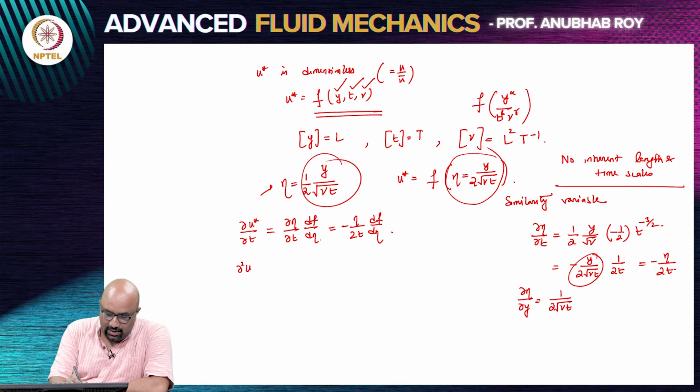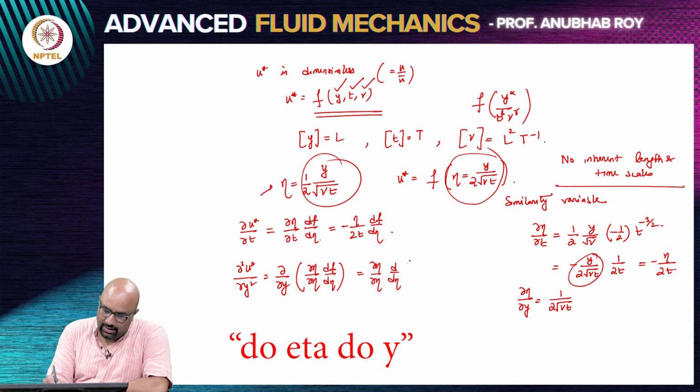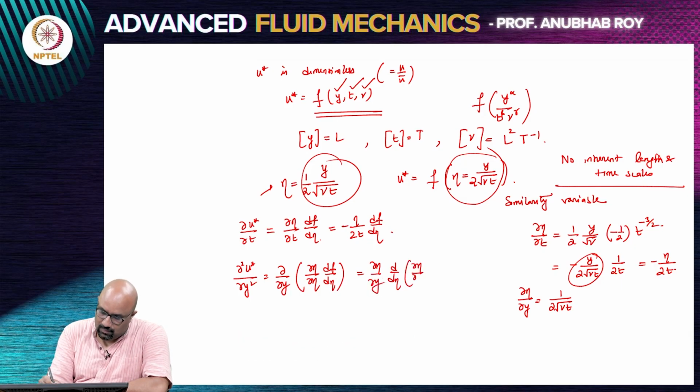Dou square u star dou y square. So every time I take a derivative with respect to y, I'll have dou eta dou y df d eta, or dou eta dou y d d eta of dou eta dou y df d eta.